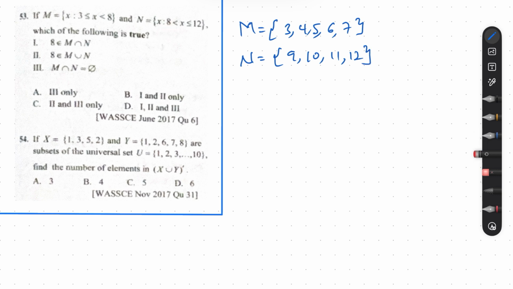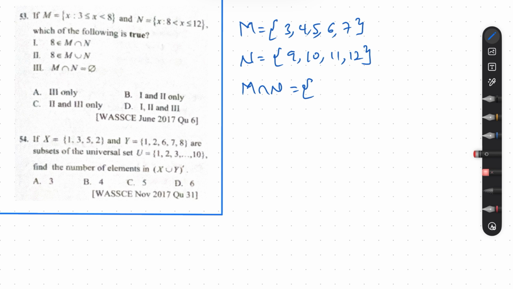So now it says which of the following is true. So we need to look at it and tell which is true. Here it says 8 is a member of M intersection N. Now before we go on, let's find M intersection N. Which element is common to both sets? Which of these elements is found here? None of them.